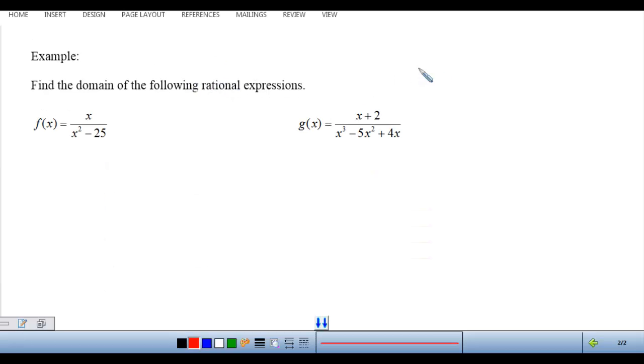In the first one here, x over x squared minus 25, I need to factor the denominator. So I'm going to put the product of the first and last, so negative 25 in the top, then the middle term of 0 in the bottom. And I come up with 5 and negative 5. So those are my two factors, x plus 5 and x minus 5.